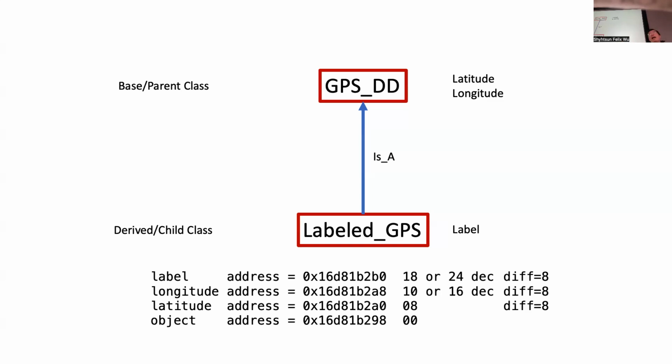Okay, so if I ask you, what's the offset of the attribute longitude? It's actually 16. Why? Because the address of the object beginning is 298, and then you skip 8 byte to 280, you have 8 byte for latitude. And then after this 8 byte, you're actually going to have a longitude. Okay. So that's called offset.